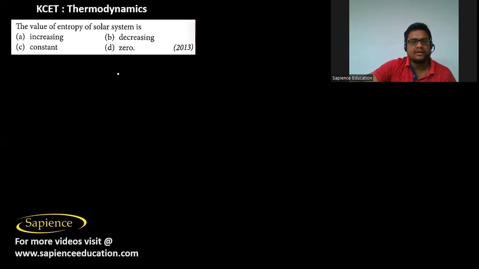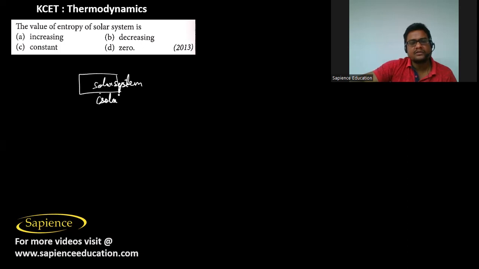Then it is told the value of entropy of the solar system is. We can assume that the entire solar system is approximately an isolated system.